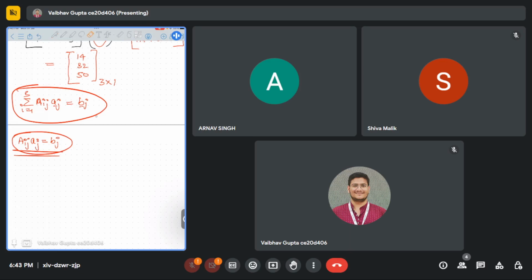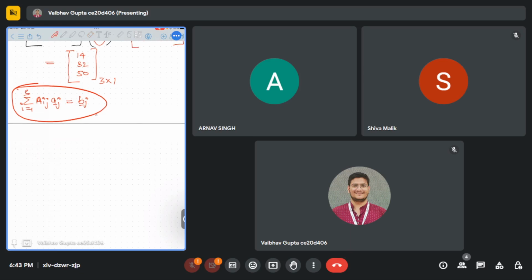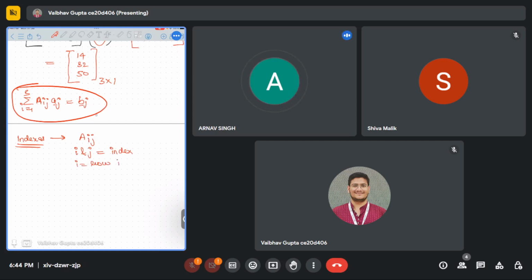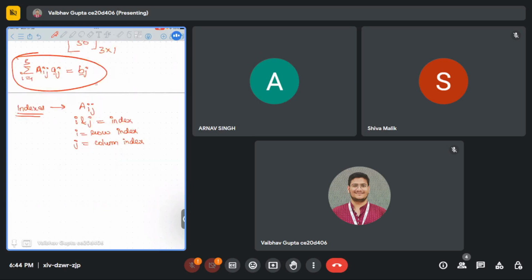I'll show you. We have two types of indexes. What do you mean by indexes? In this Aij, this i and j are nothing but indexes, where i is the row index and j is the column index. Both are termed as indexes.